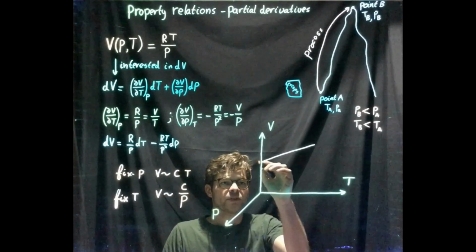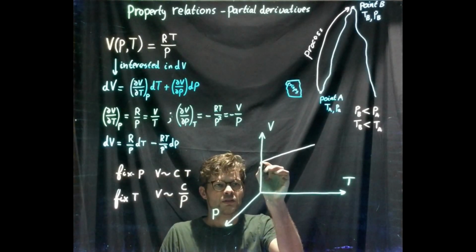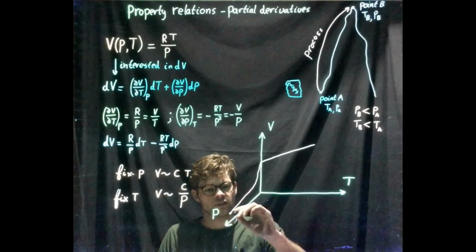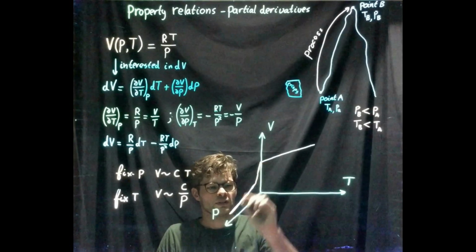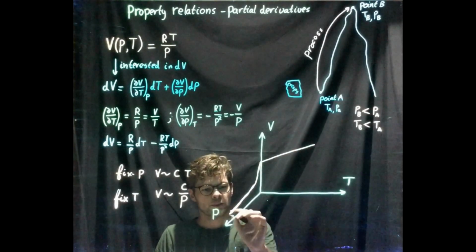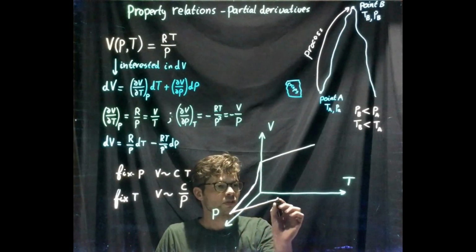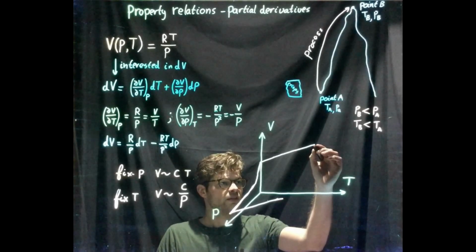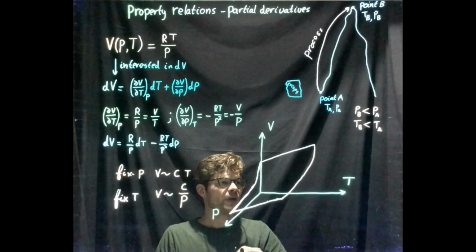So that will look something like this, so 1 over a variable. And I know that whatever happens here, the behavior will be the same on this side, so I can just draw a parallel line, and over here the behavior will be comparable.